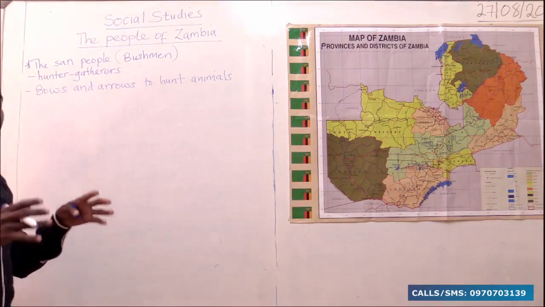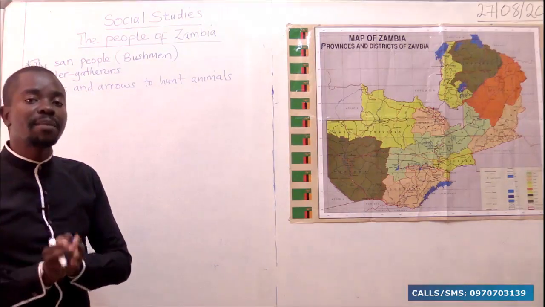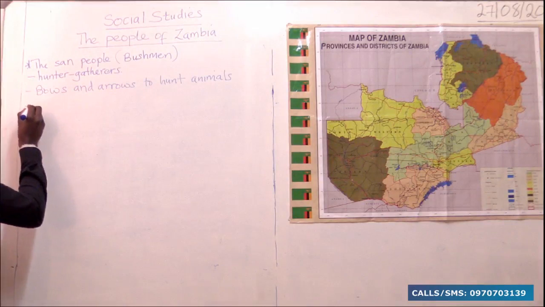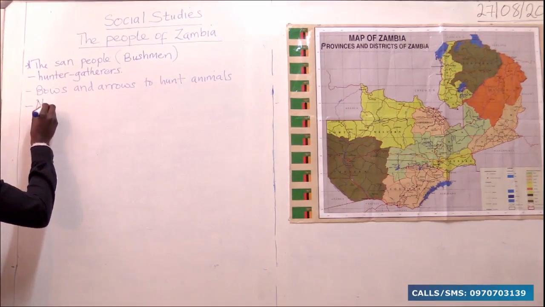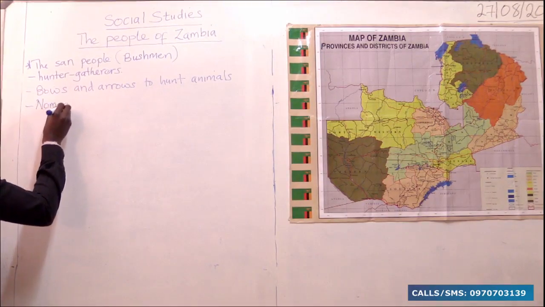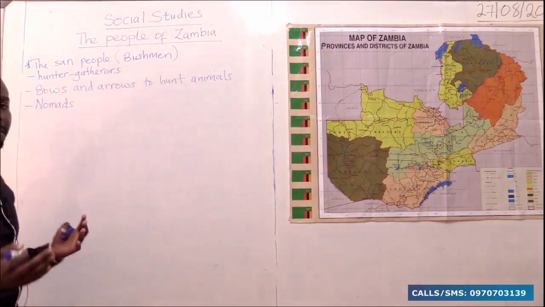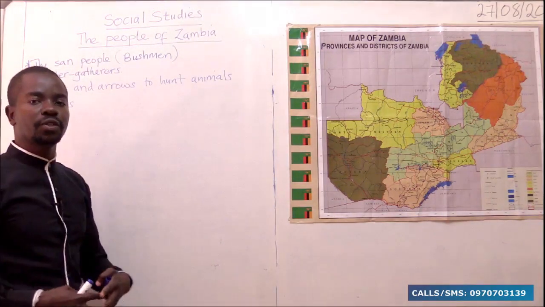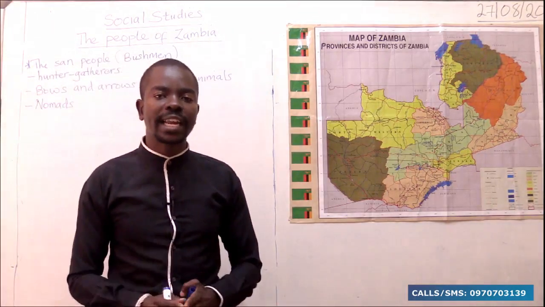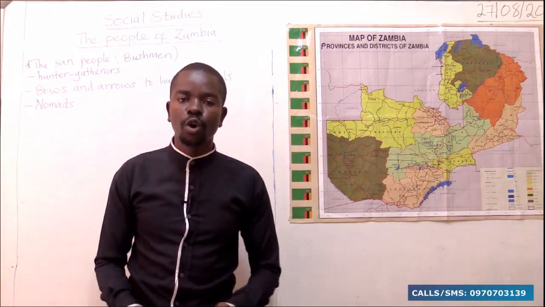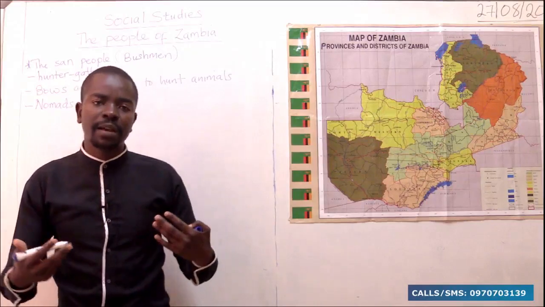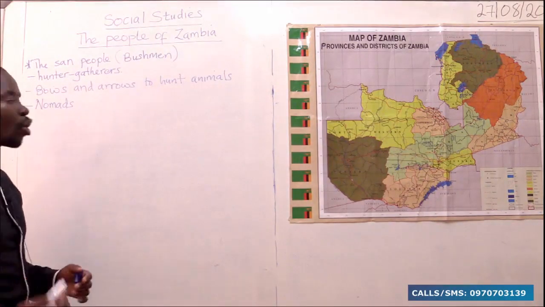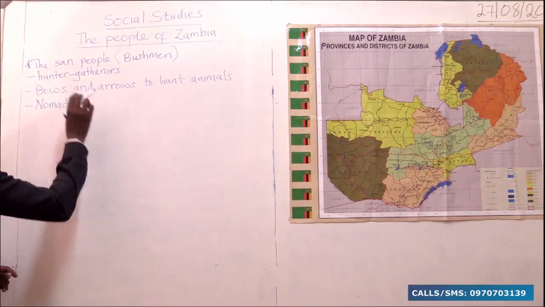So in short, the Bushmen were nomads. Who is a nomad, boys and girls? A nomad is a person who moves from one place to another in search of food or for a better land.